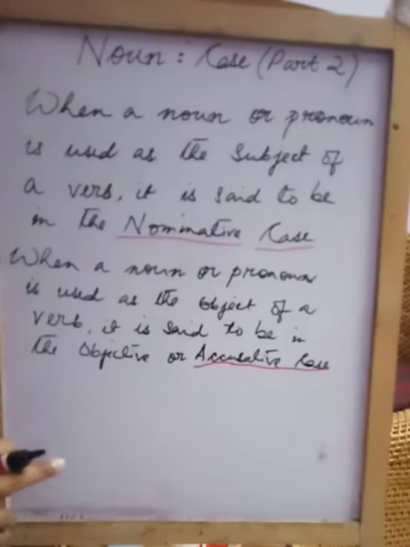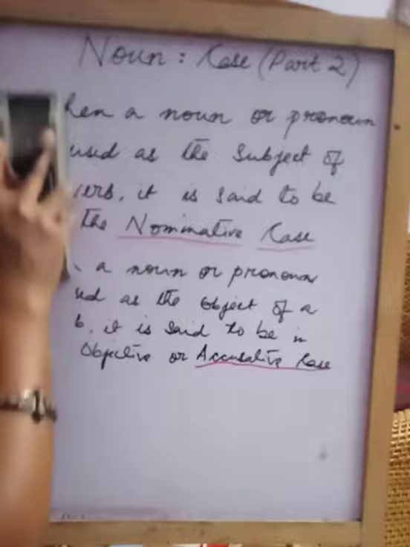Now the third kind of case that we will do today is the possessive case. Possessive means what? It comes from possession, isn't it?